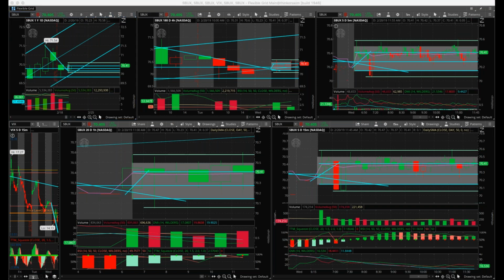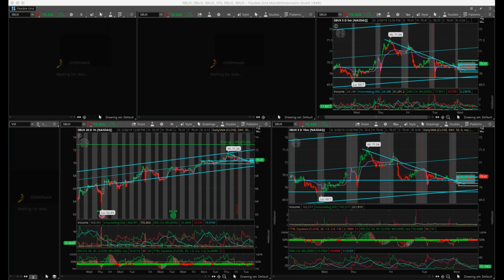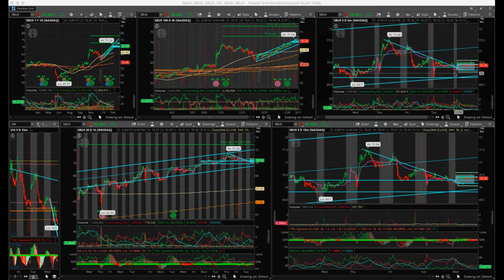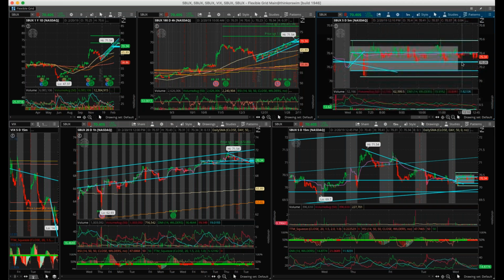Okay. Let's see what happens at the end of the day. End of the day, maybe get a pop. Extend this chop zone.